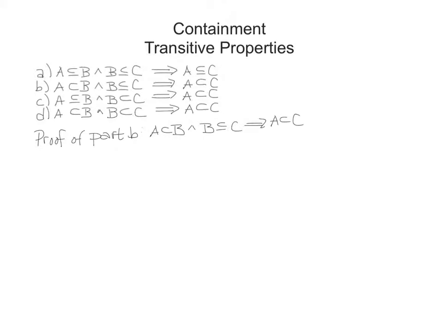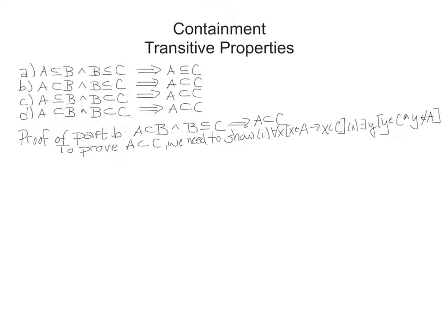So as another example of these proofs of containment, and also that format that I really am looking for, I'm going to do a proof of part B. If A is a proper subset of B and B is a subset of C, then A is a proper subset of C. And again, the first important thing to do is to make sure you're using the definition.